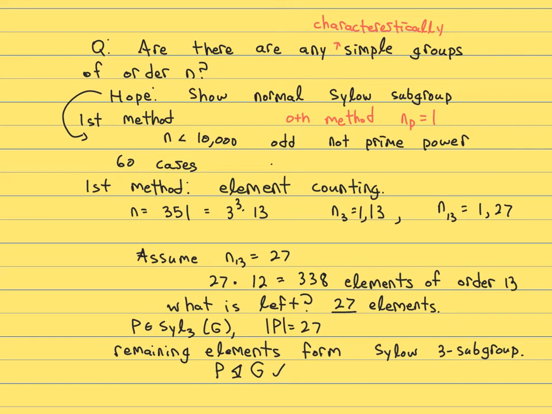When you end up having a power of a prime, what you hope to have happen instead is what happened here, which is that you focus on the distinct primes that have power 1, you count those elements, and you see whether or not you can force what's left over to form the Sylow subgroup for this prime with a higher power.